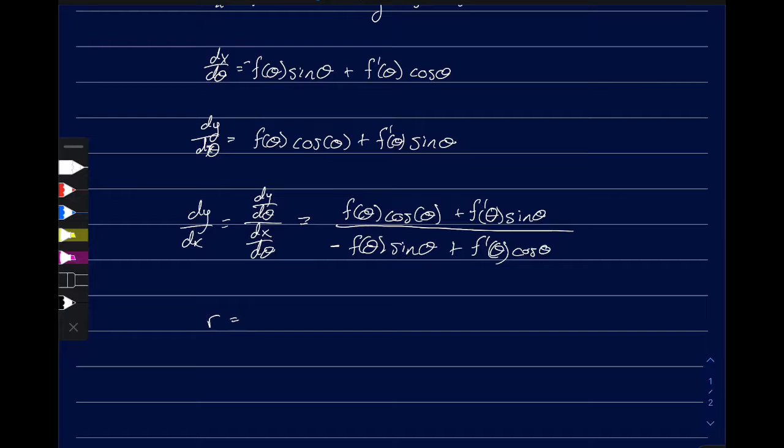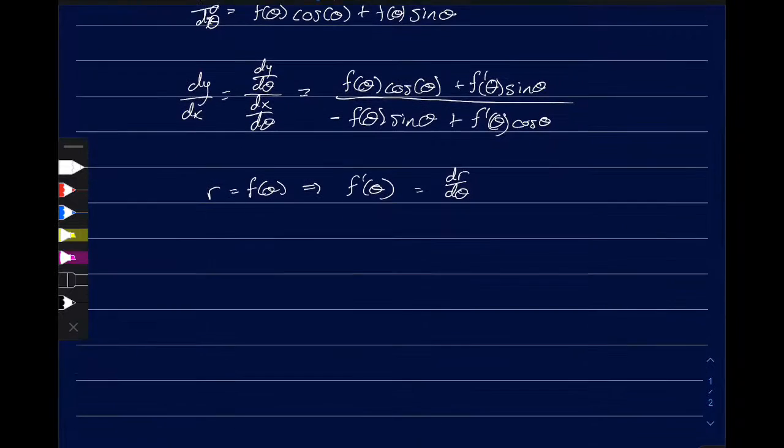Okay, so now we're going to use the fact that r is equal to f of theta to tell us that f prime of theta is equal to dr/d theta.